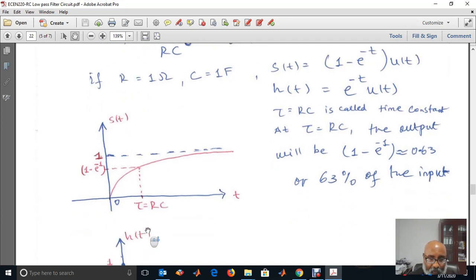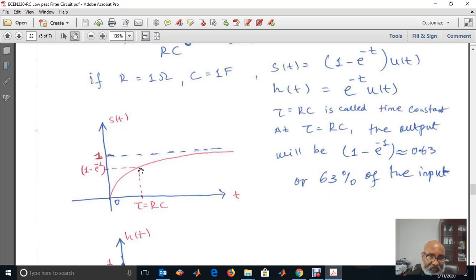At tau equal to RC, we have the capacitor voltage approximately 0.63, or 63% of the input, because the amplitude of the input is 1. So 63% of 1 is 0.63.